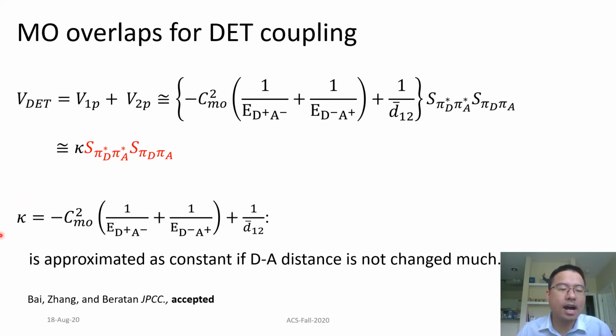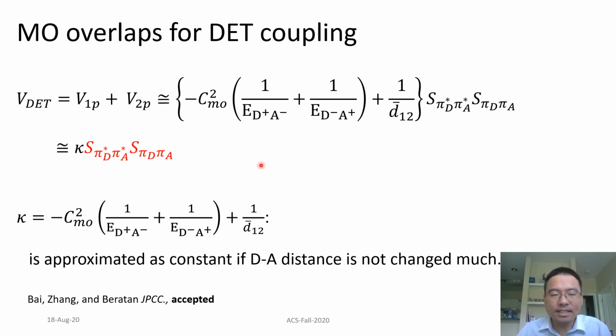And this kappa is a function of constants, charge transfer state energy and an approximated distance term. So we can treat it as a constant if the donor-acceptor intermolecular distance is not changed much.